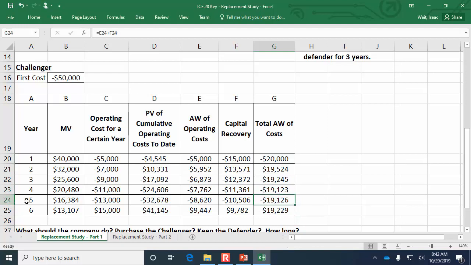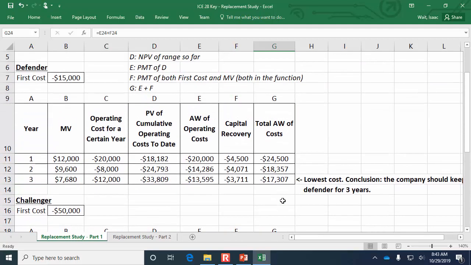For instance, row 5 for the Challenger means that if you buy the Challenger and you own it for 5 years, then your overall cost of ownership during each of those 5 years is $19,126. And what we can see is that the Defender is quite a bit more competitive beyond the 1-year ownership.